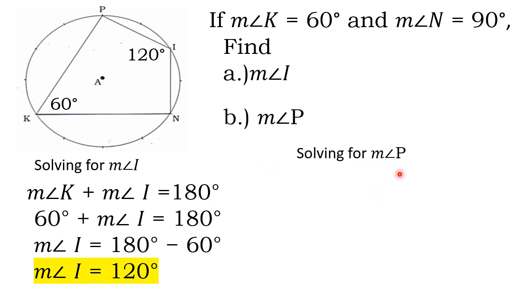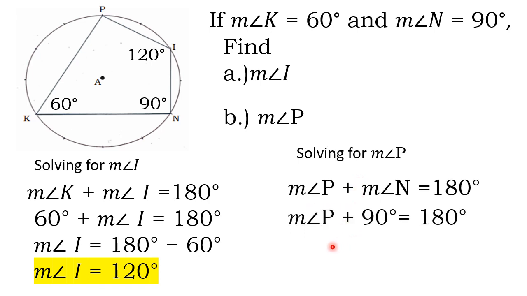Now to solve for measure of angle P, we have given measure of angle N, which is 90 degrees. So by substitution, we have measure of angle P plus measure of angle N, which is 90 degrees, is equal to 180. So measure of angle P is equal to 180 degrees minus 90 degrees.